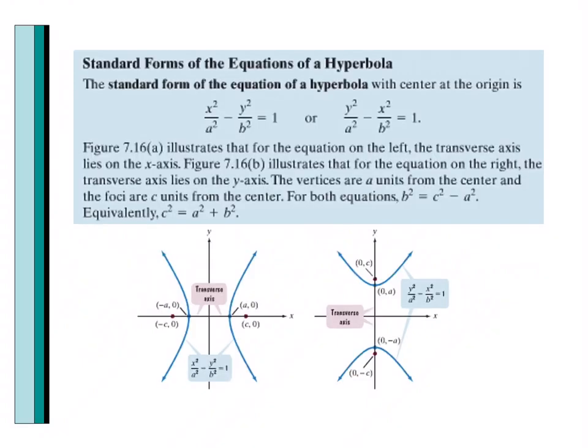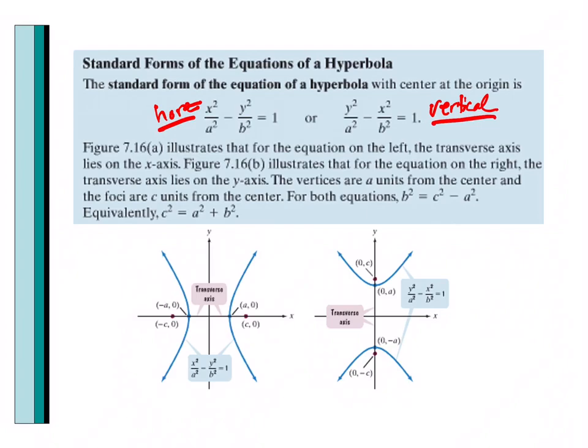Now our equation, as you can imagine, is much like the elliptical equation, only this time, instead of adding them, we will be subtracting them. X squared over a squared minus y squared over b squared for the horizontal. And then for the vertical, we have the y's going first.